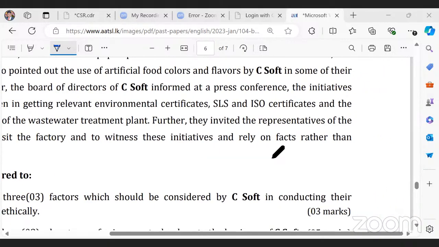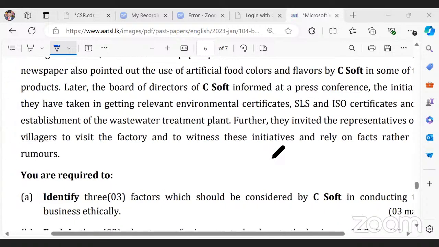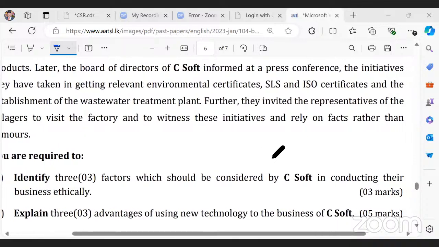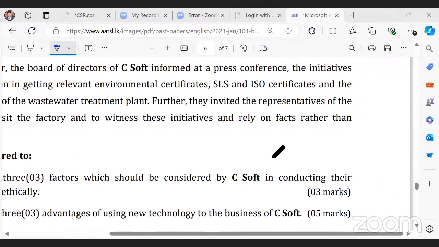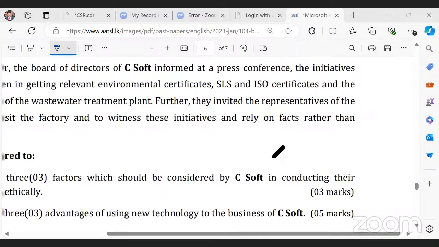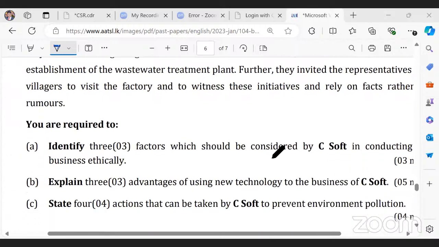Further, they invited the representatives of the villagers to visit the factory and to witness these initiatives and rely on facts rather than rumors.